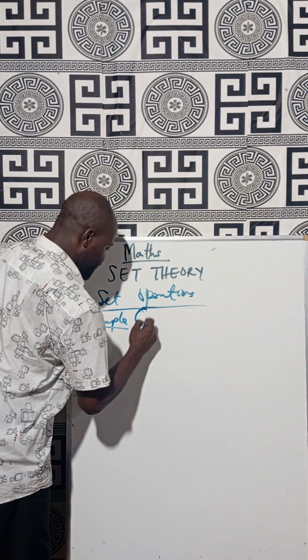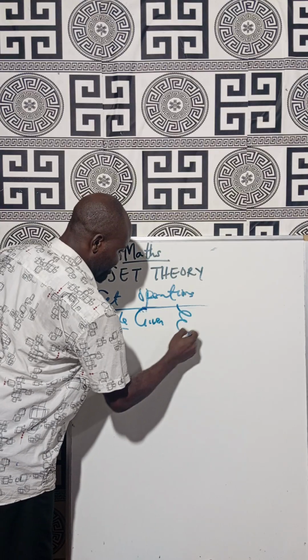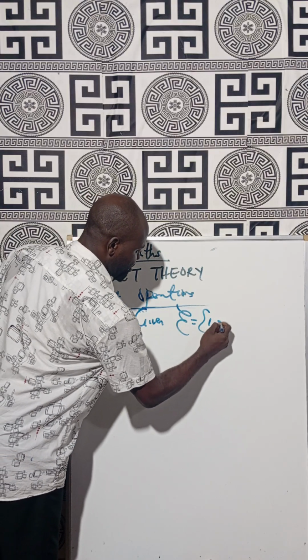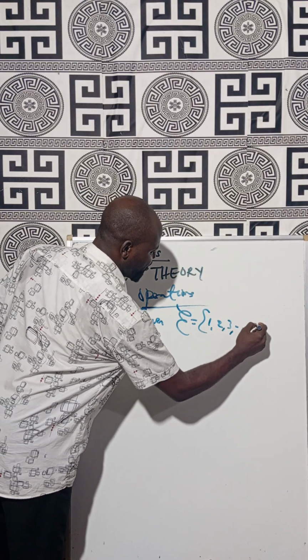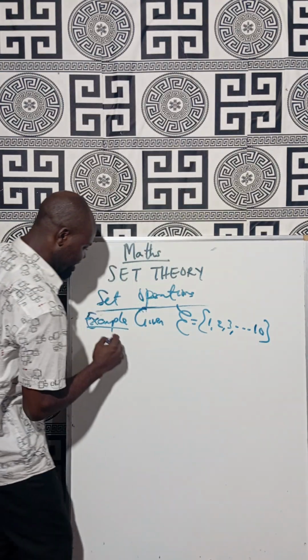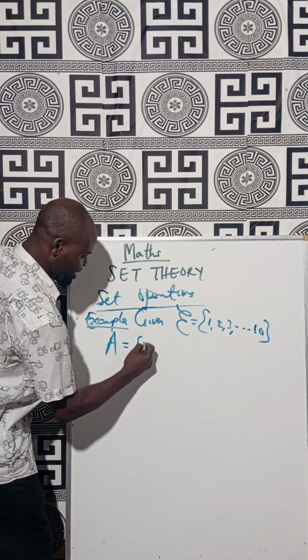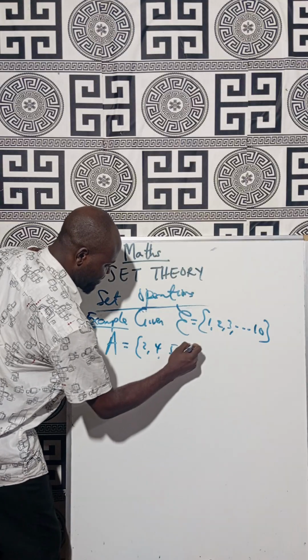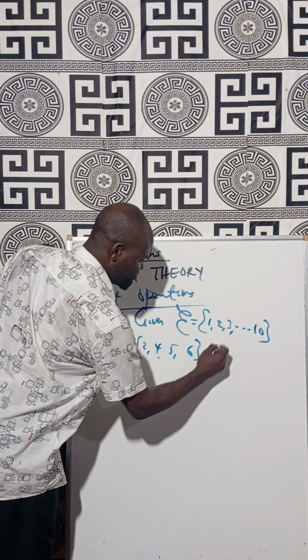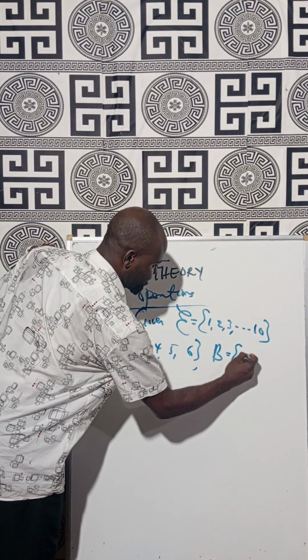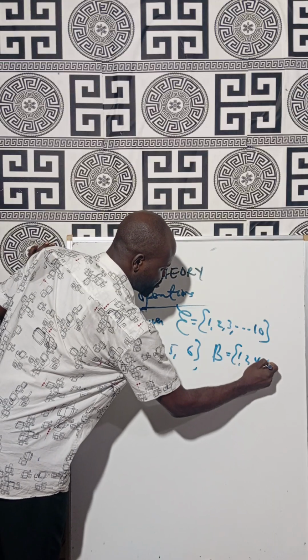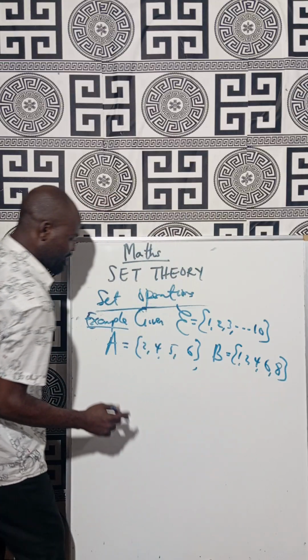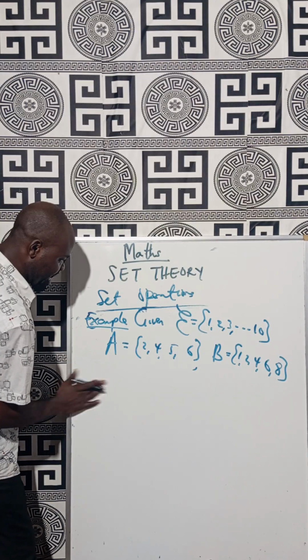Let's say you are given the universal set as 1, 2, 3 up to 10, and we have set A as 2, 4, 5, 6. We have set B as 1, 2, 4, 6, 8. And we have to write down the elements.